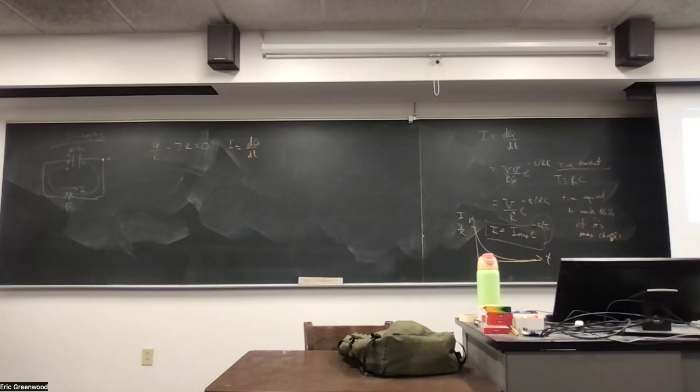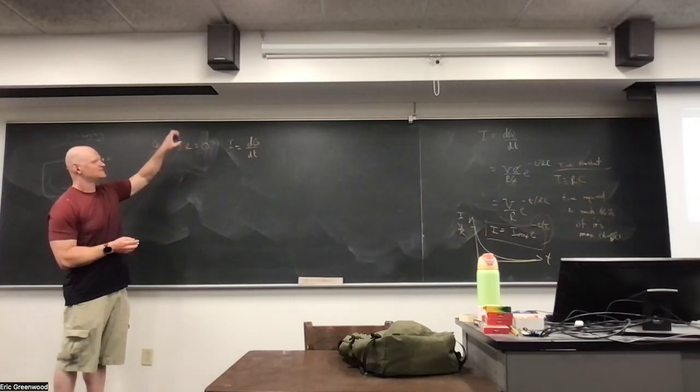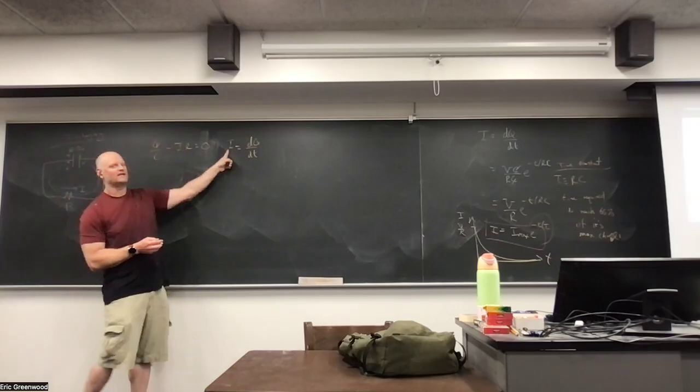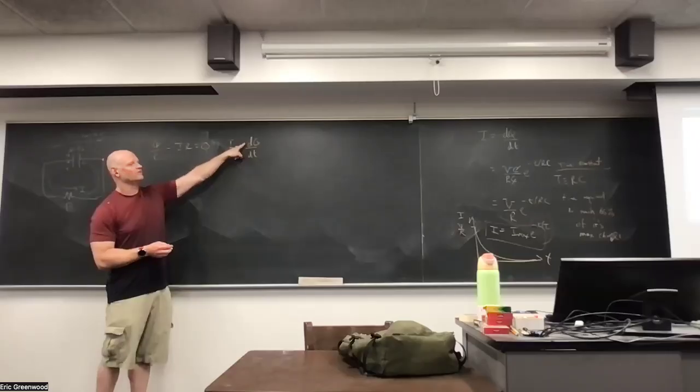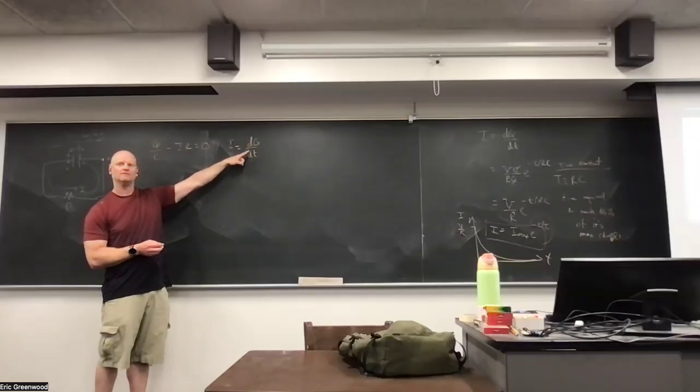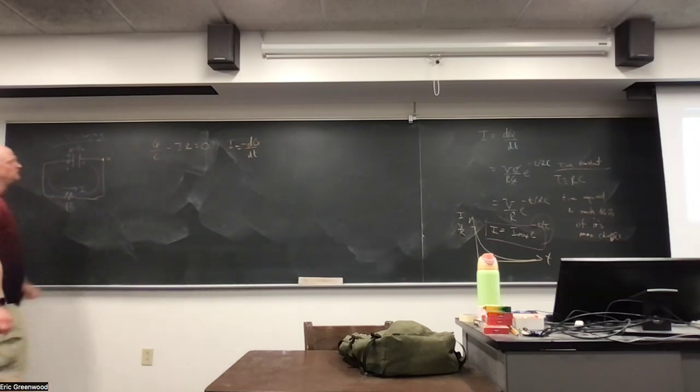Initially the current is moving, but now the charge is getting smaller while the current remains positive. If the charge is getting smaller, this derivative is going to be negative. So the current is actually equal to negative dq dt.